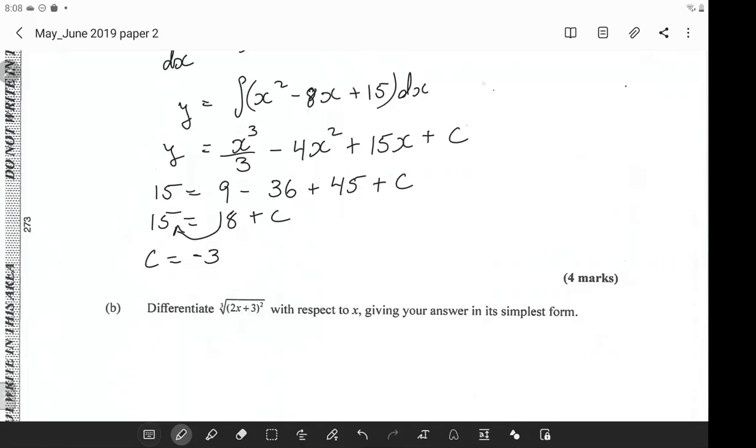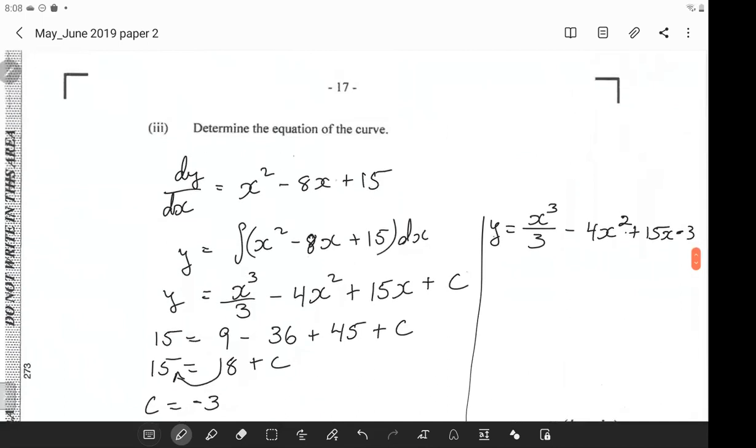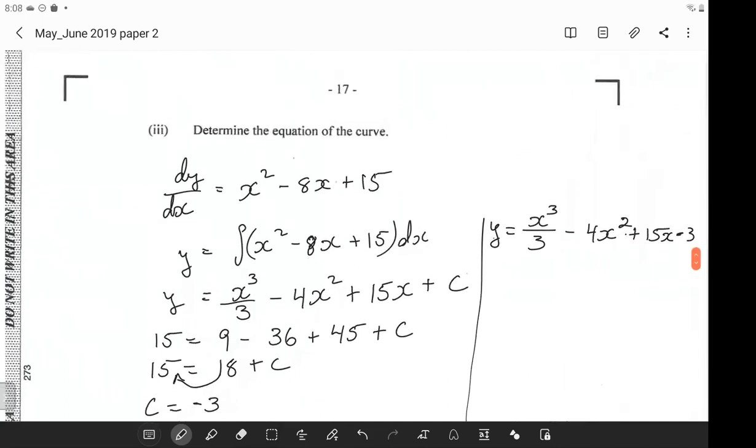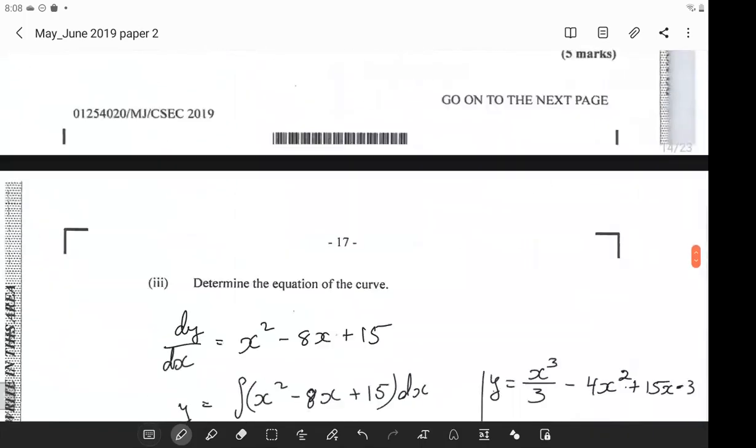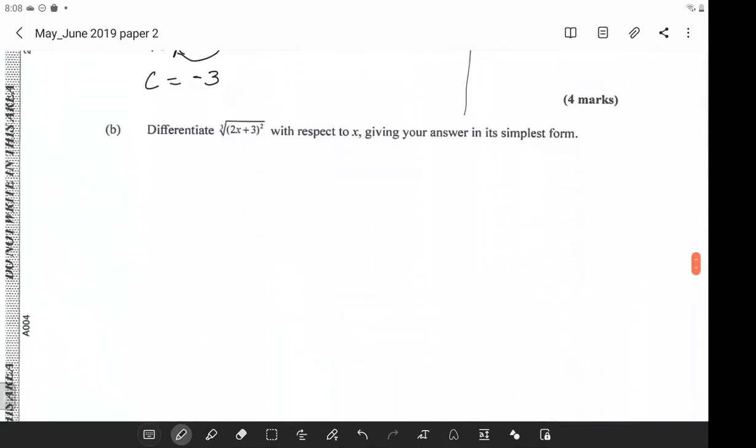So our y is equal to x cubed over 3 minus 4x squared plus 15x minus 3. And that is our equation of our curve. And if you find the stationary points, you'll see that those are the exact stationary points.